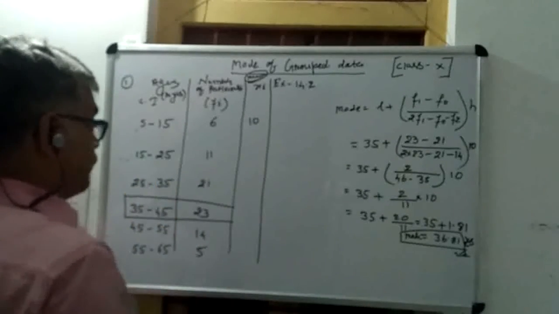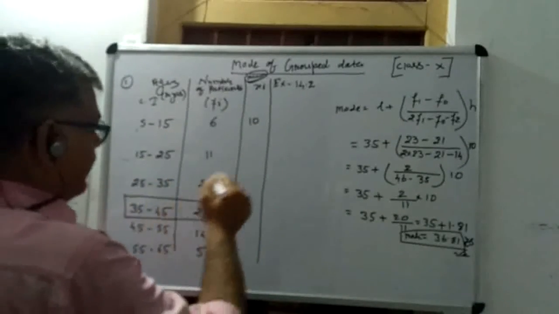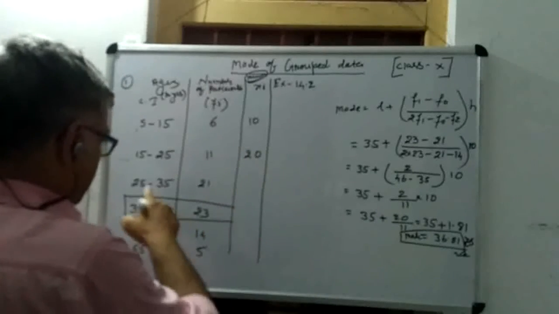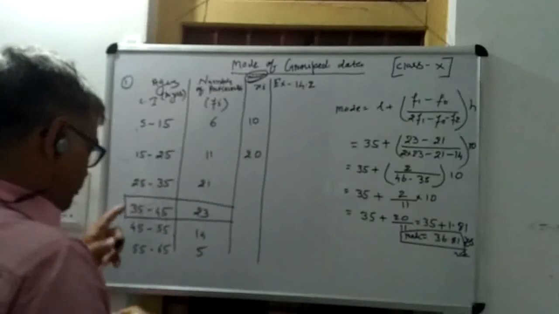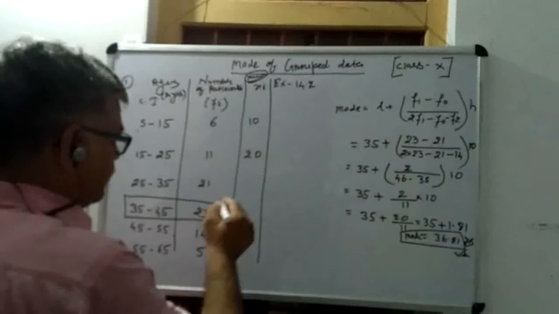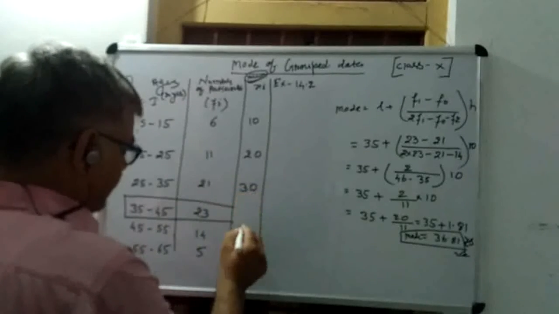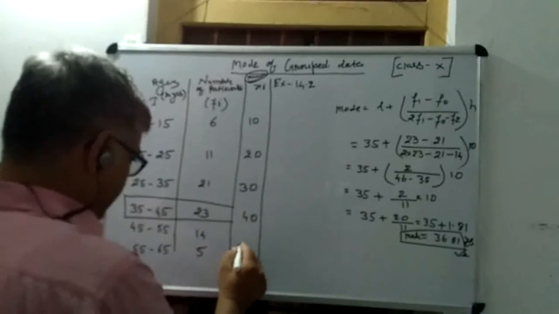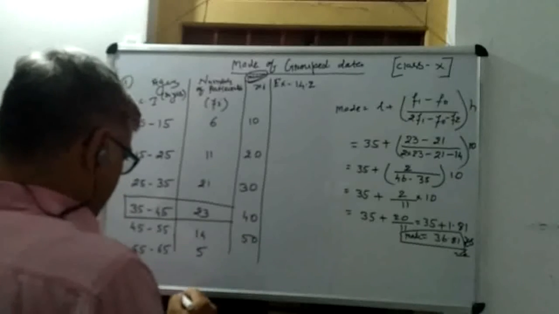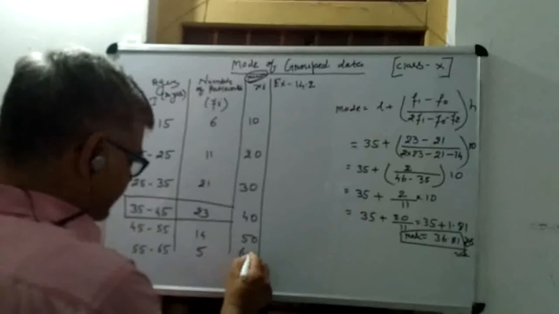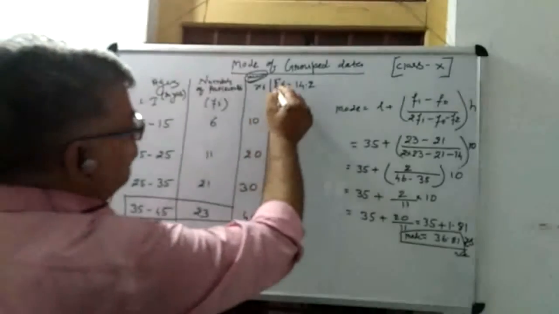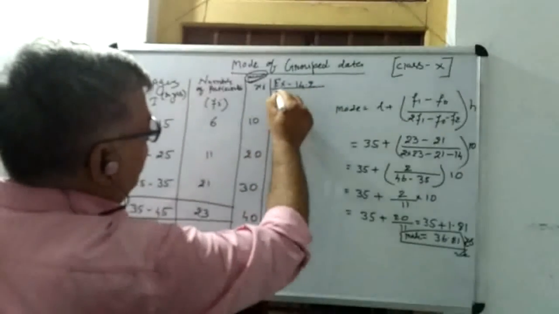Then 20 plus 40, 60, divided by 2, that is 30. Then it will be 40, 50, and 60. This is your xi. Now you calculate fi into xi.